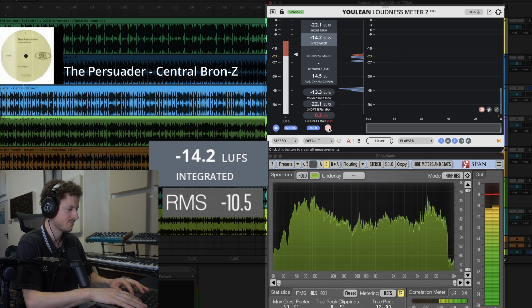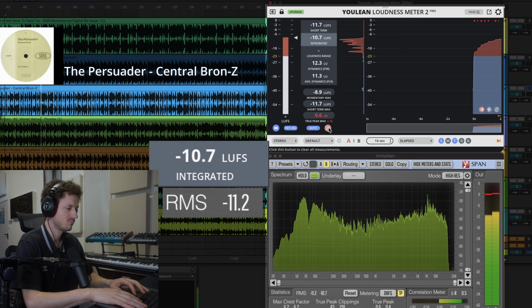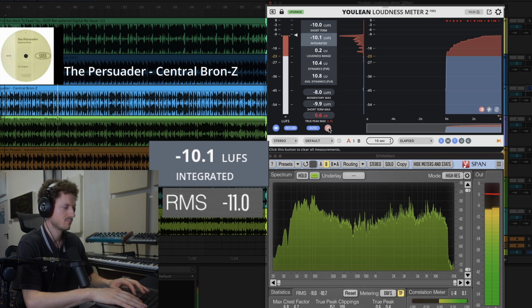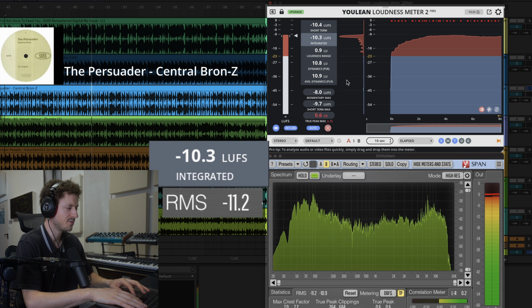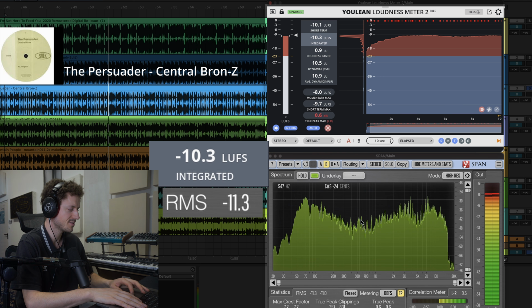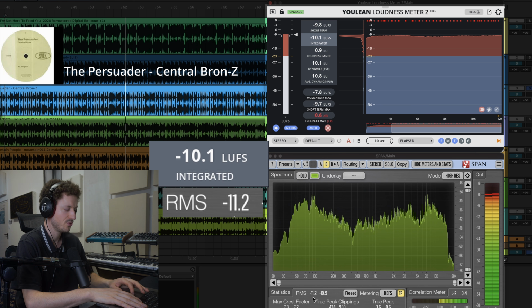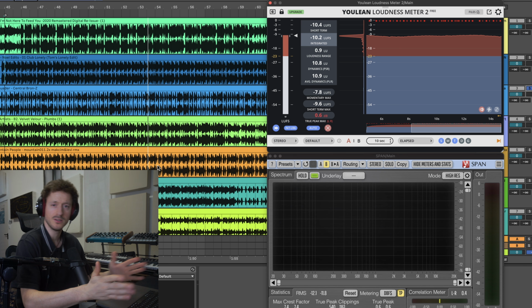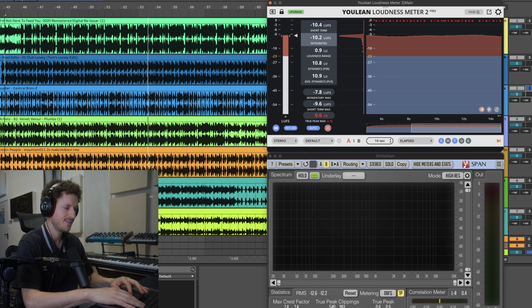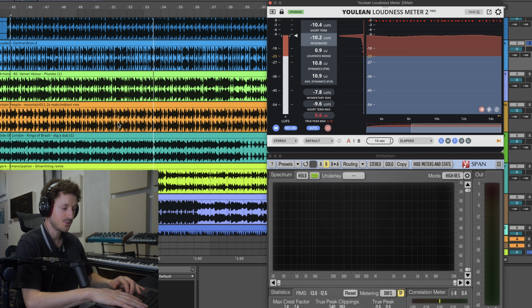Reset. Okay, this one's quieter, -10.3 LUFS, -11.2. Okay, so just like that, there is a variety of loudnesses present here. We can get louder even.